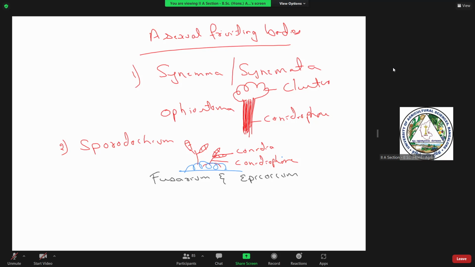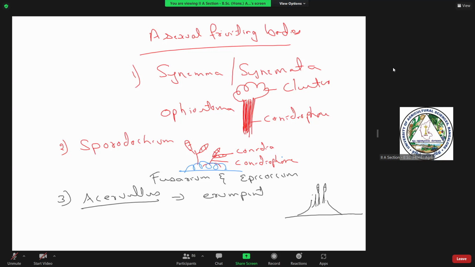The third type which I mentioned is the acervulus or acervuli. This is basically an erumpent type, and you can see that the conidiophores and the conidia emerge out.